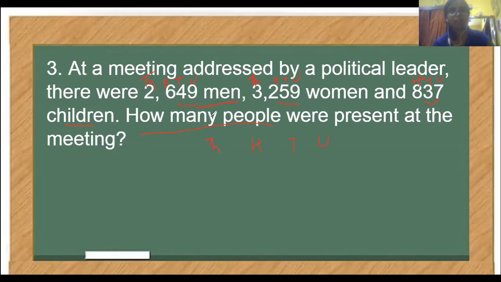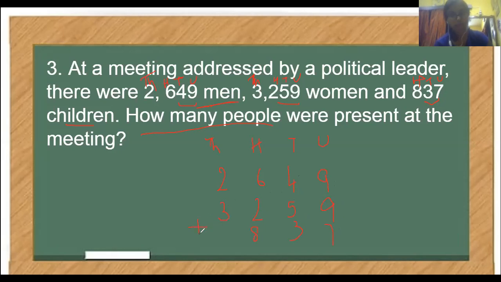First, how many men are there? There are 2,649 men. How many women are there? There are 3,259 women. And how many children are there? There are 837 children.